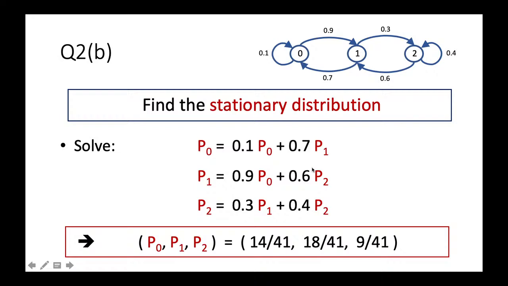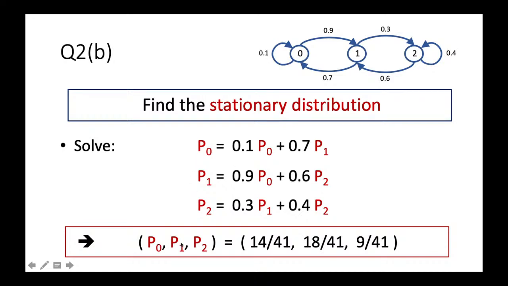Solving this set of linear equations, there are three variables, three unknowns, but actually we need a fourth equation because this is somehow a degenerate system. We have a fourth equation such that the sum of P0, P1, and P2 is equal to 1. So together with four equations, we can solve them and get a unique answer.